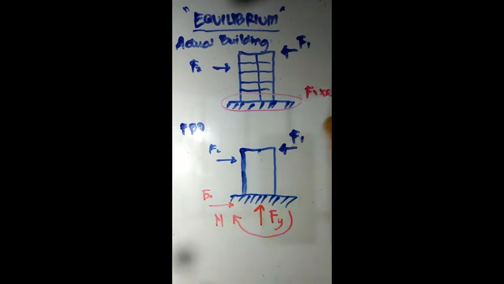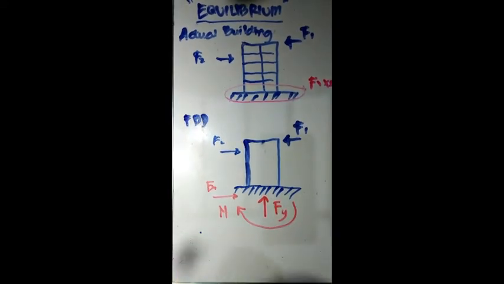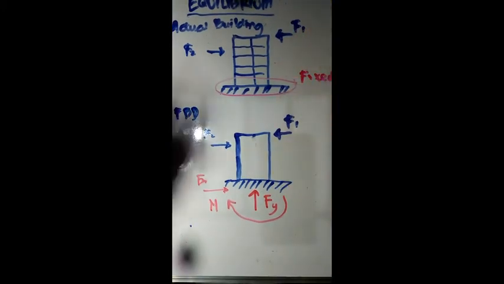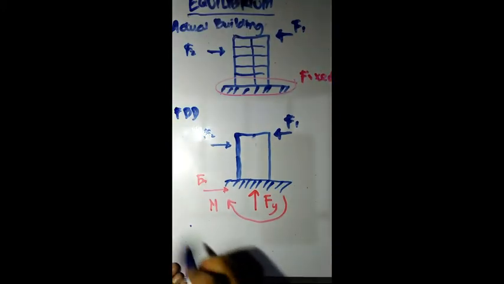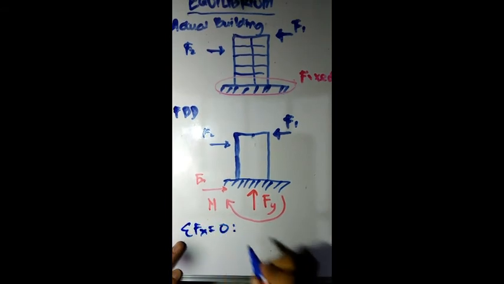If we are to look at the concept behind equilibrium, as you can see, di ba yung sabi natin dapat summation of forces is equal to 0 at saka yung summation of moment is equal to 0, right? So, if we were to consider this structure or this body, summation of forces at X is equal to 0, di ba? Yung sabi natin kanina.